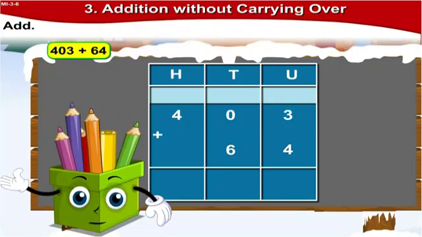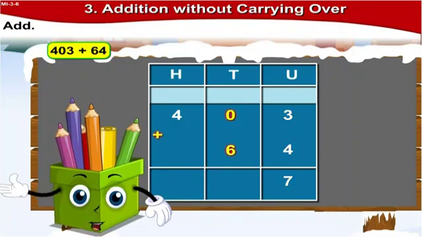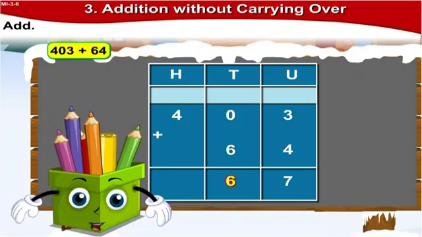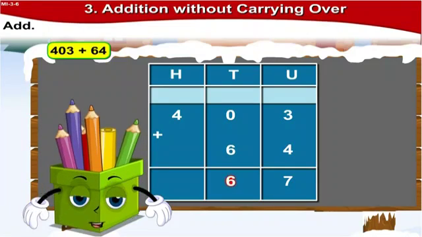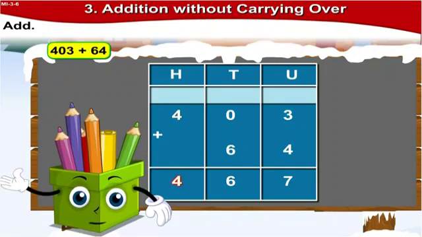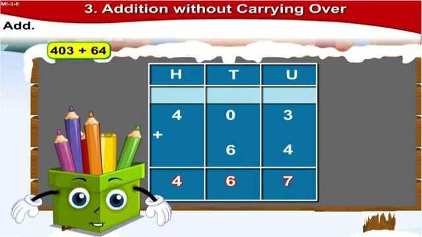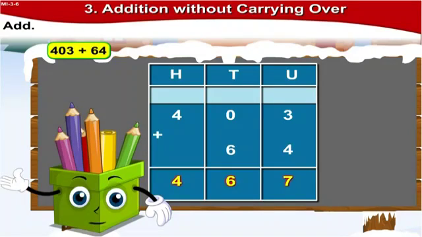Once you arrange them vertically, let us begin our addition from the units column. 3 plus 4 is 7, so we'll write 7 over here. In the tens column, 0 tens plus 6 tens is 6 tens, so write 6 over here. Under hundreds column we have 4, so write 4 over here. So it is 400, 6 tens, 7 units, which means the answer is 467.